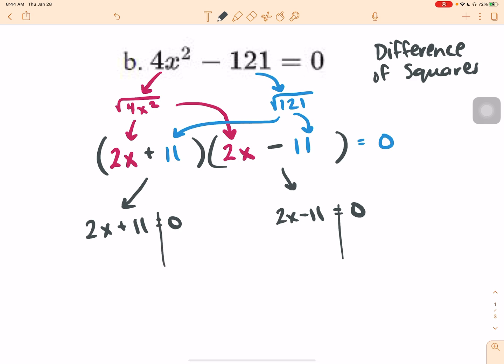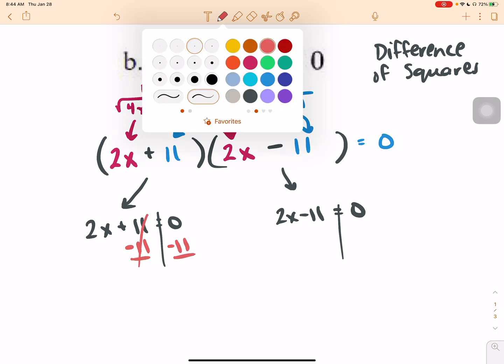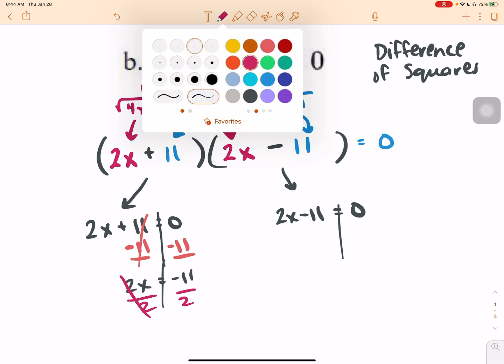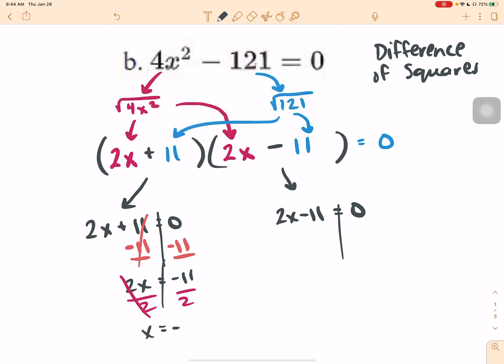So now I just have to solve for x. Here I'm going to subtract 11 from both sides. I get 2x equals negative 11. Divide both sides by 2. I get x equals negative 5.5. So that's one of my x's. Add 11 to both sides here. 2x equals 11.